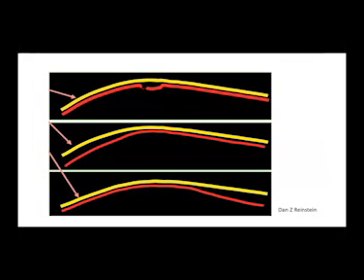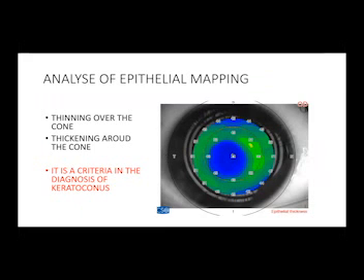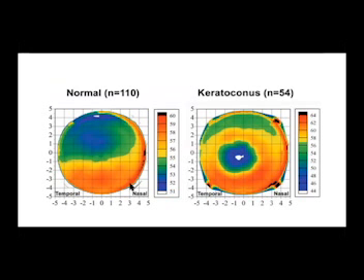As the epithelium tries to hide any irregularity in the stroma, we can sometimes have the same topography but a different shape of the stroma. In every keratoconus we have this image, and now it's a criterion of diagnosis of keratoconus.